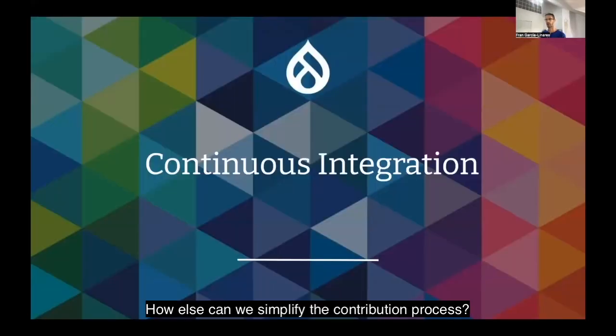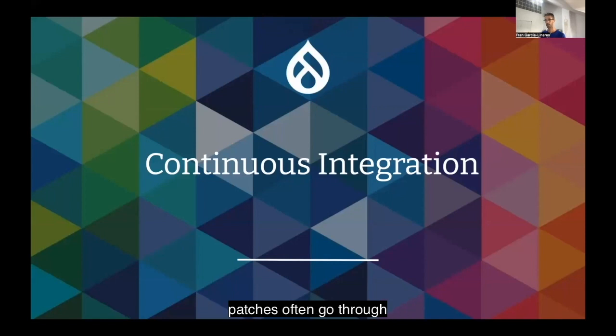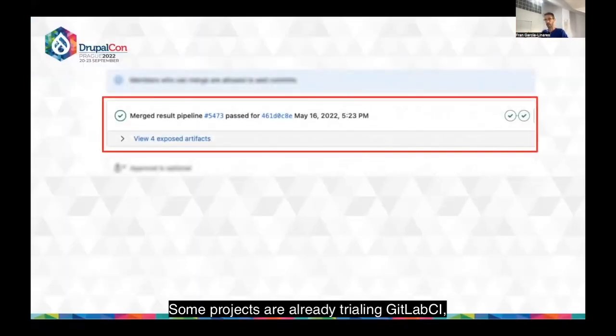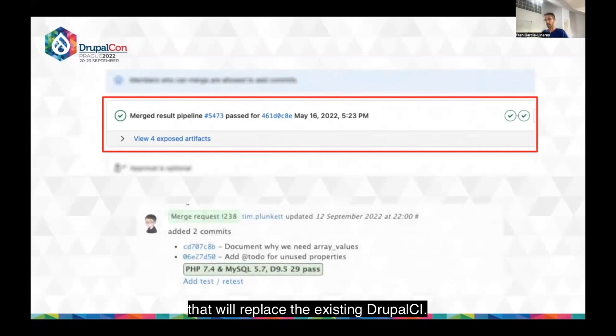How else can we simplify the contribution process? Well, when contributing to Drupal, patches often go through an extensive review process. It often involves going back and forth with one or more reviewers. We can simplify this with more automation. Some projects are already trialing GitLab CI that will replace the existing Drupal CI.